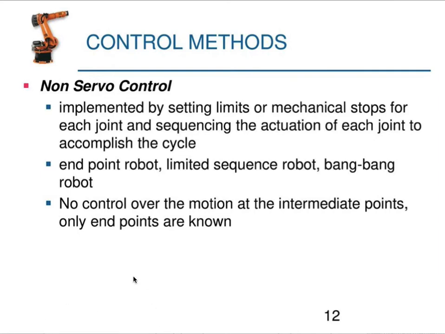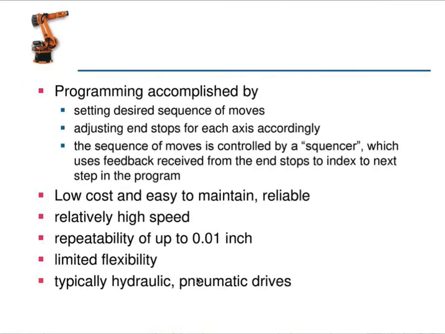So here now we'll see that the control system can be done in the programming accomplished by setting the desired sequence of moves, adjusting end stops for each axis accordingly. The sequence of moves is controlled by a sequencer, which uses feedback receivers from the end stops to index to the next step in the program.